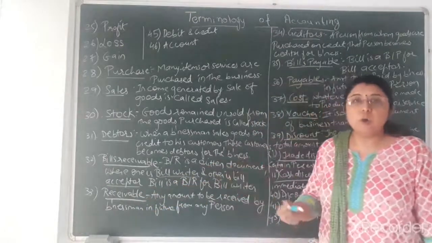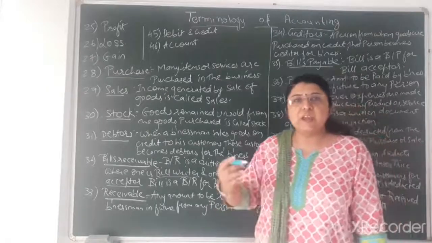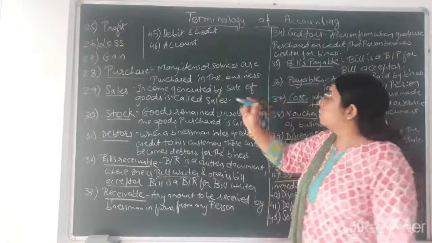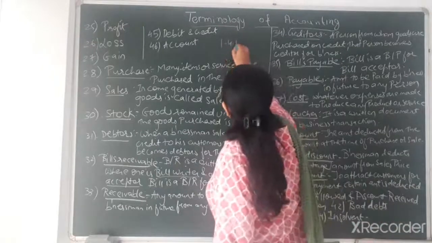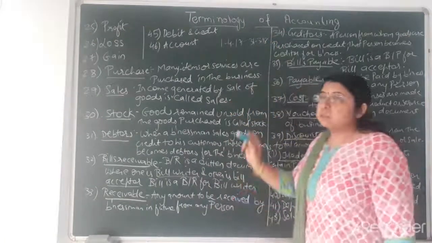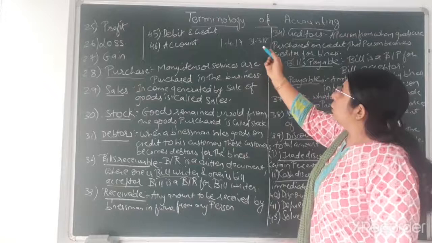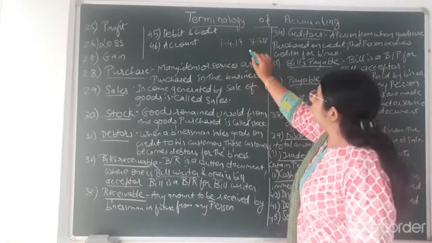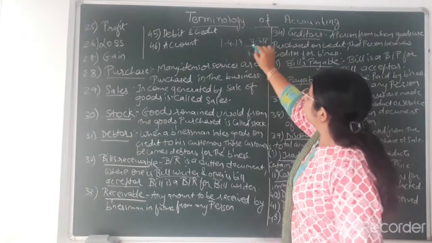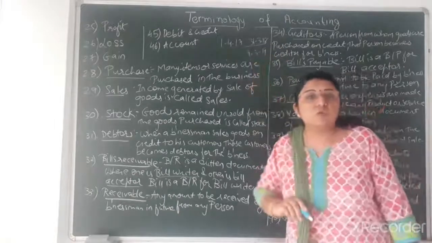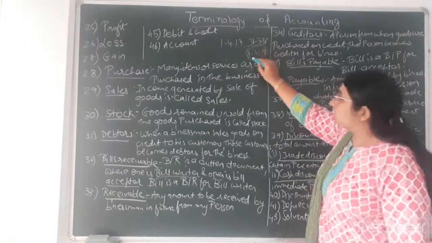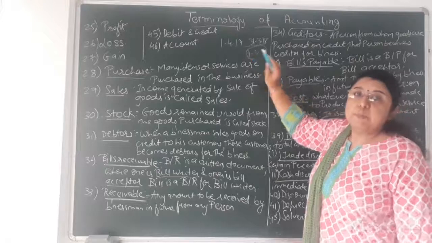Outstanding income or prepaid expense. Prepaid means we have paid the expense in advance. Suppose our accounting year is 1st April 17 to 31st March 2018. If the expense of the next year, that is up to 31st March 19, we have also paid in the current year, that is 31st March 2018, then whatever expense we have paid of the next year becomes the prepaid expense.